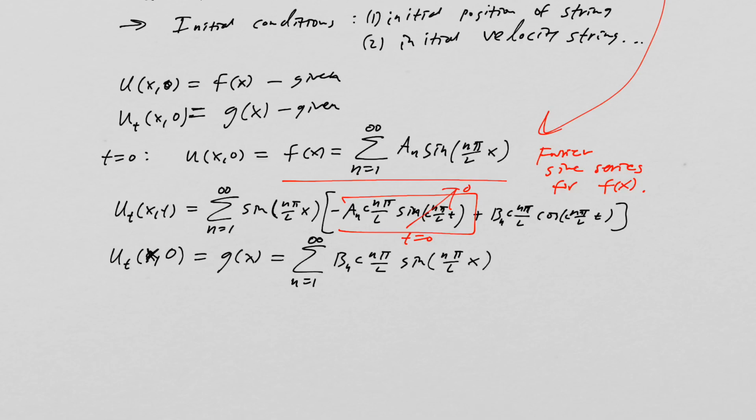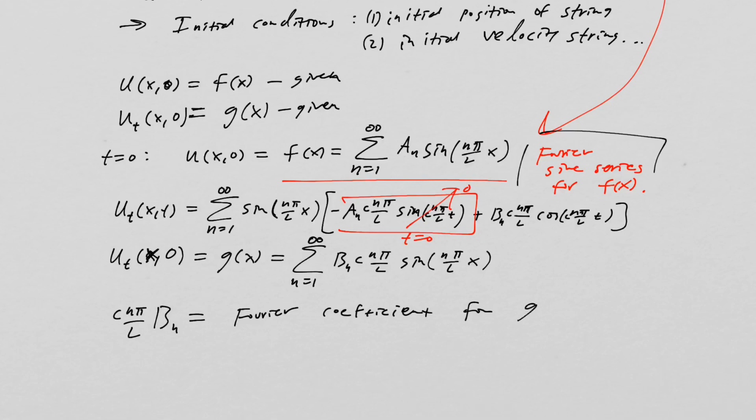So what's happening here is that bn has to equal the Fourier sine series coefficient for g of x, with the extra factor of c times n pi over L that we have to scale all of our Fourier coefficients by in order to get the correct ones.